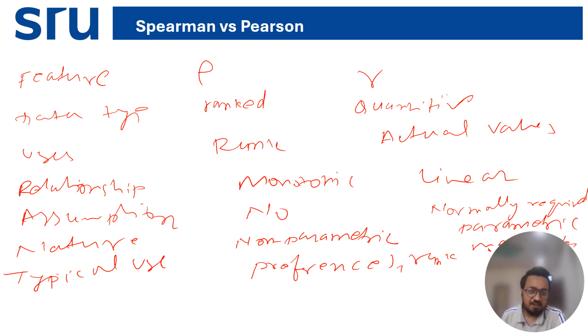So these are the comparisons between the Spearman rank correlation and the Karl Pearson correlation coefficient. Now we will discuss some numerical problems based on the Spearman rank correlation coefficient.